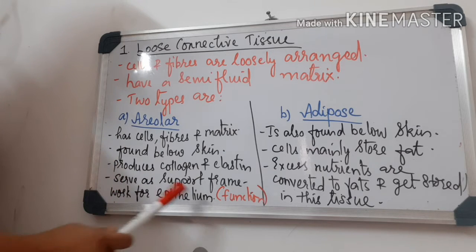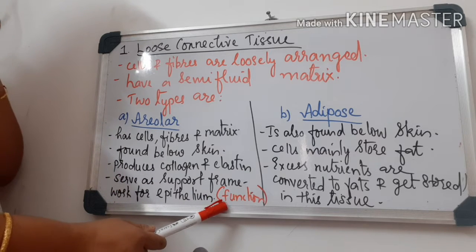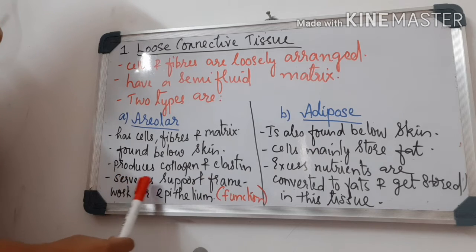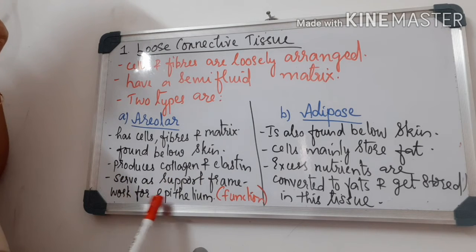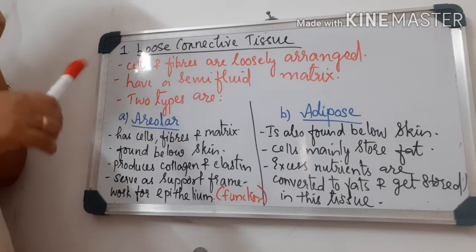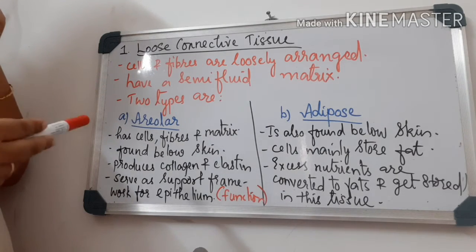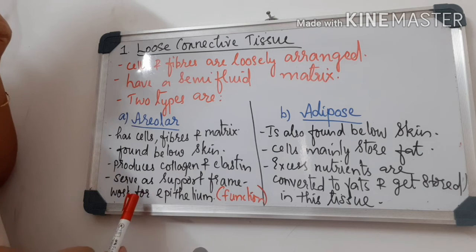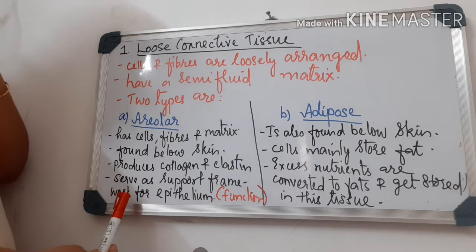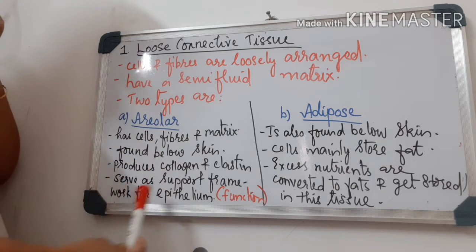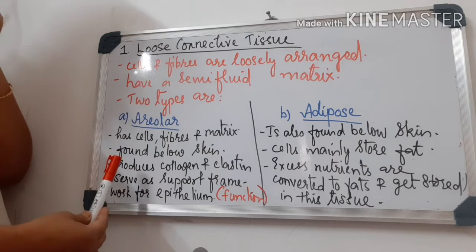The function of this areolar connective tissue is to form a support framework for the epithelium, the cells covering the outer part of the body. Just below that, it forms a structural support framework for the epithelium. That is how the areolar connective tissue functions.